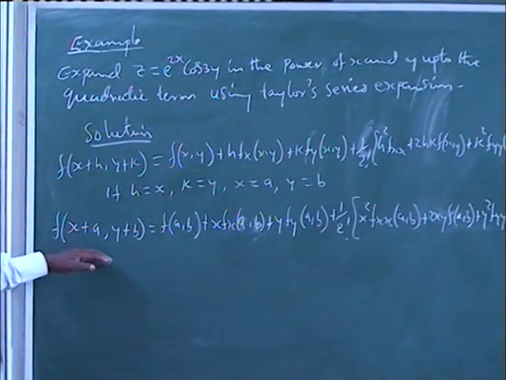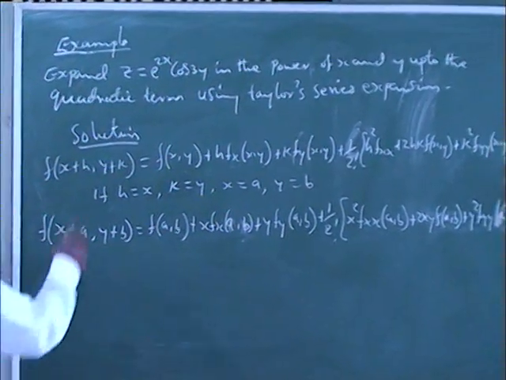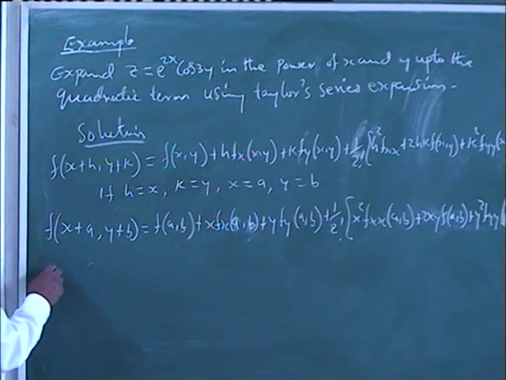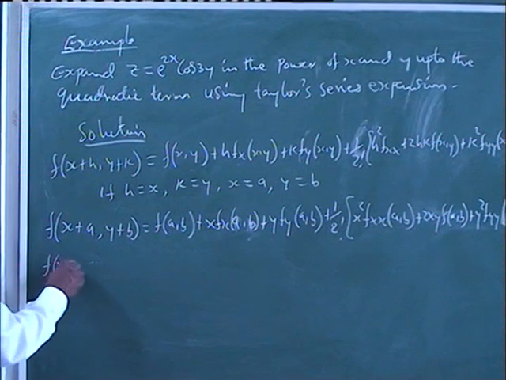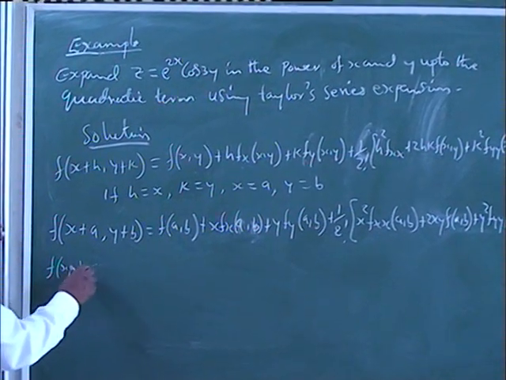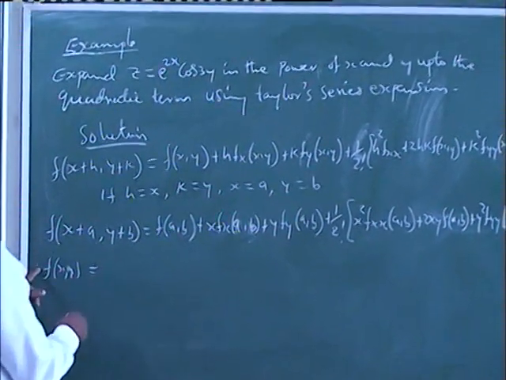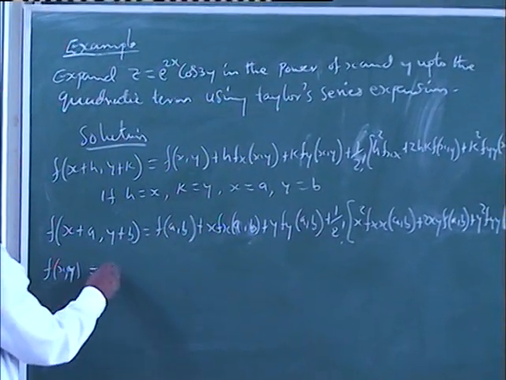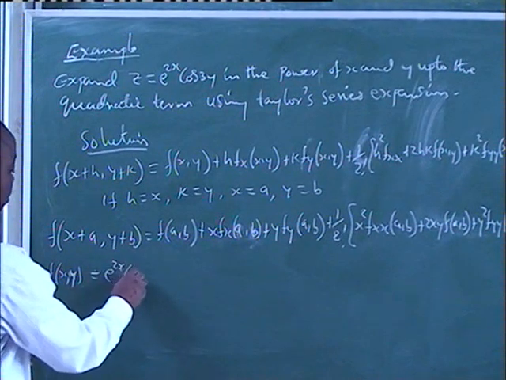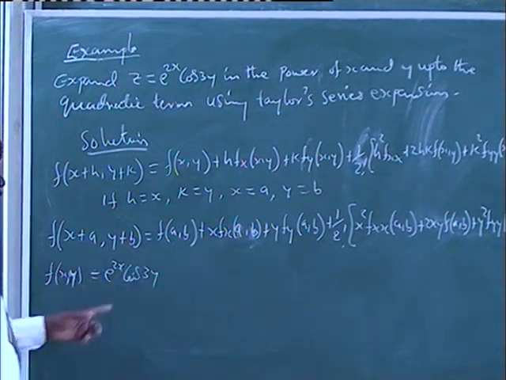Now, in this function, let's say f of x, y is equal to exponential 2x cos 3y.